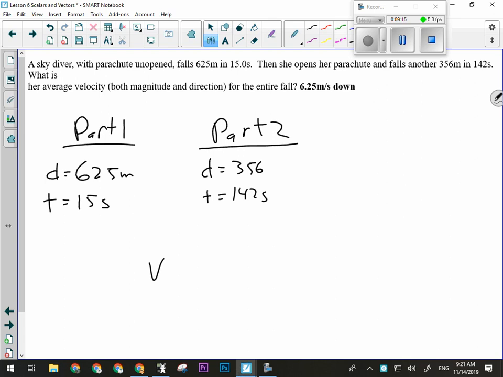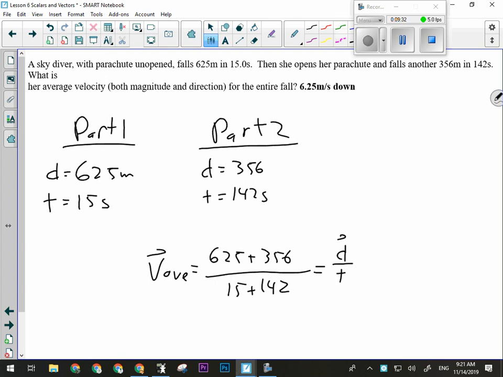So average velocity will be 625 plus 356 over 15 plus 142. So really what we're saying here is D over T.